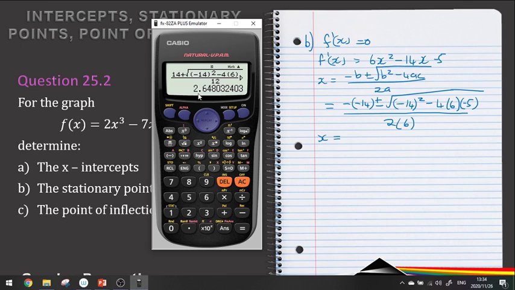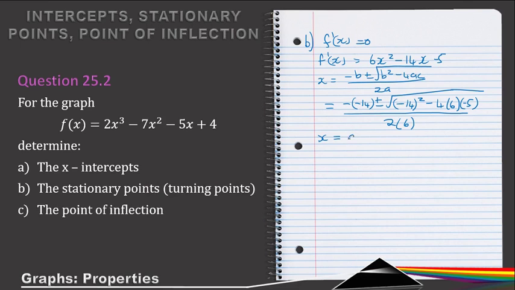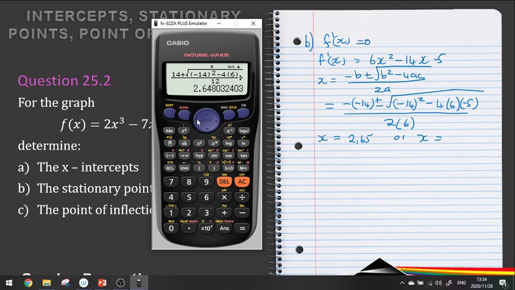And that gives me 2.65 if I round it off to 2 decimal places. Or x is equal to, so replace that with a minus, then we get negative 0.31.